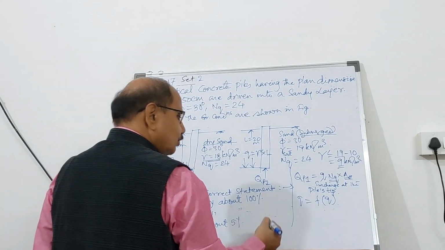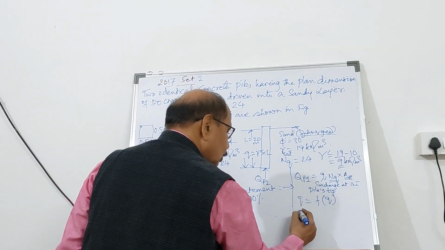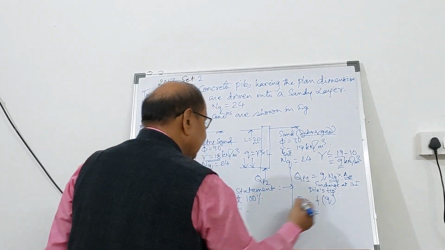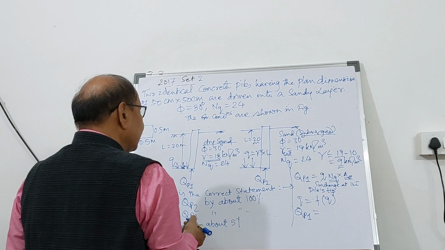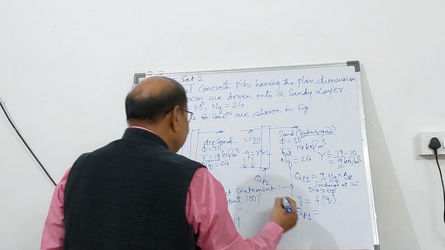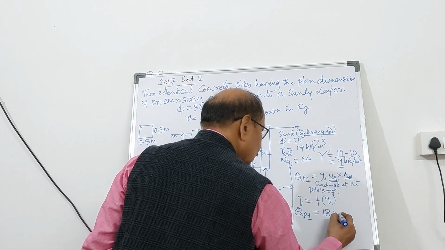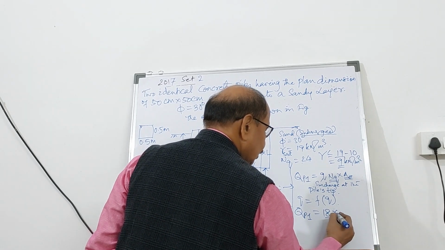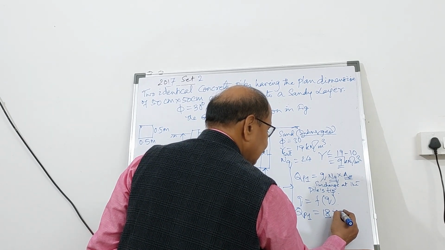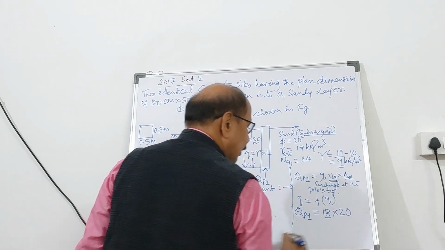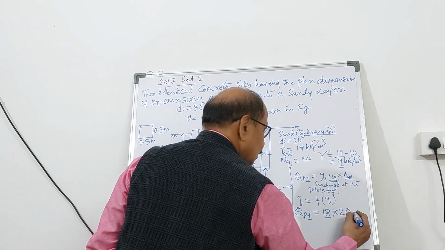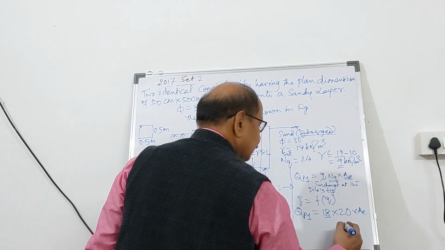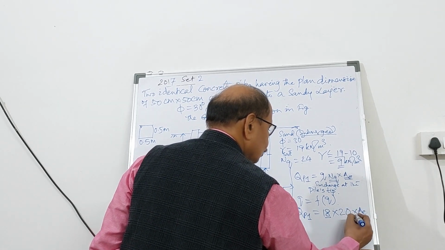So it's a function of Q. So in QP1, the Q is going to be 18 kilonewton per cubic meter multiplied by the length of the pile, into area, into NQ.